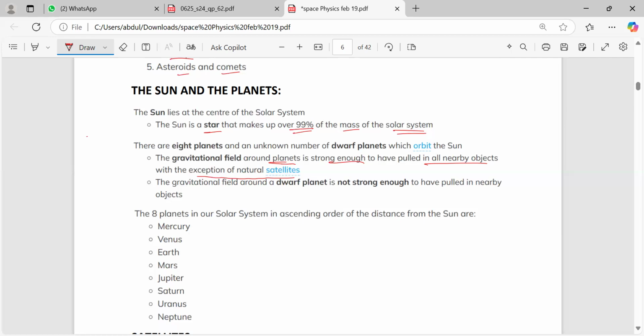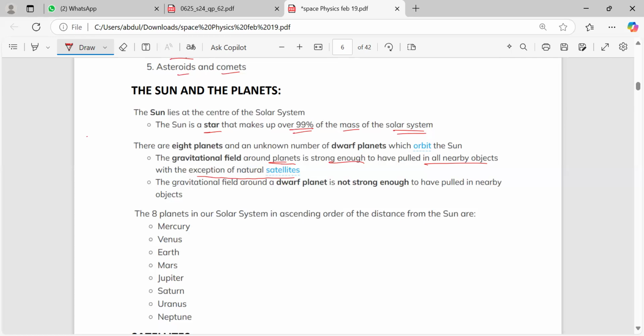The gravitational field strength around a dwarf planet is not strong enough to have pulled in nearby objects, and there is a countless number of dwarf planets. Pluto: when I was studying this IGCSE level or even A level stuff, in those days Pluto was part of the solar system, and we remembered that there are 9 planets revolving around the sun.